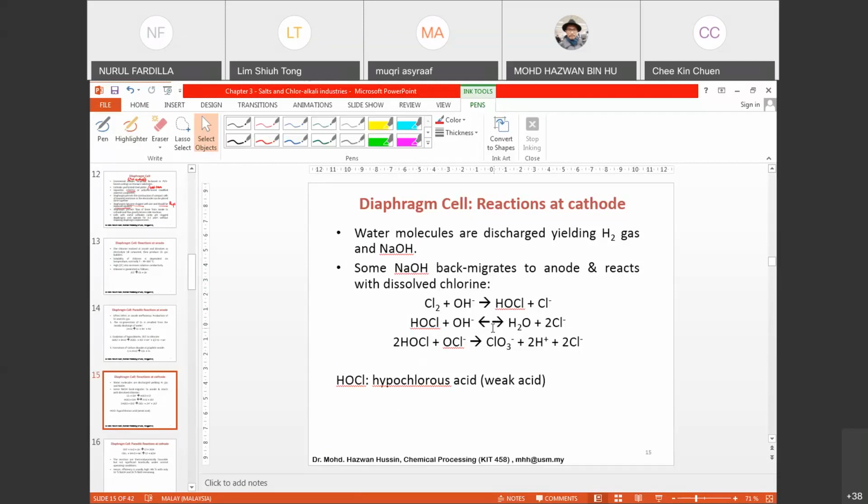Then hypochlorite reacts with hydroxide to produce water, and it can also produce hypochlorous acid, which is known as a weak acid.